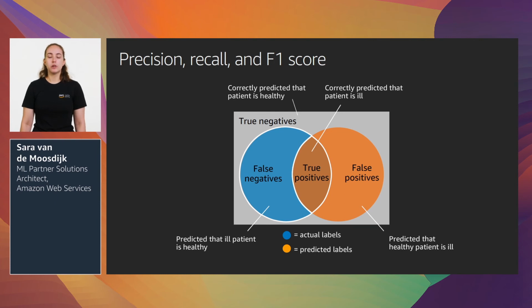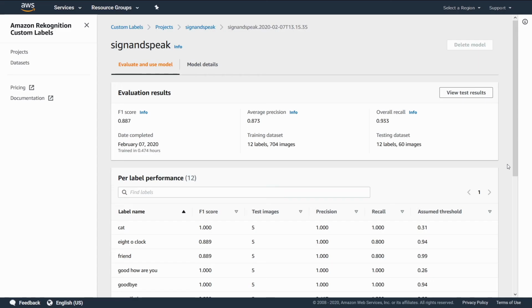And now what we're going to do is take a look at how this actually reflects on my own use case of sign language. So here you see the results of the model that Amazon Rekognition Custom Labels trained for my sign language dataset. And now that you understand F1 score, precision, and recall, you hopefully notice that these results are not bad.